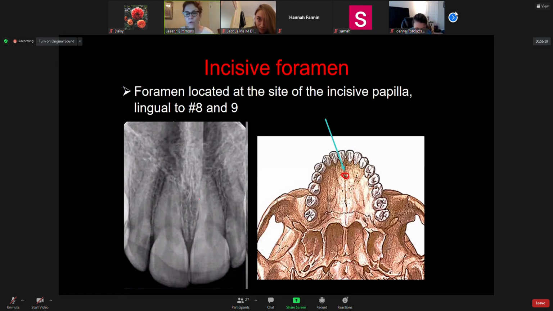It is also seen as this oval shadow on an X-ray, barely visible, but it's just that little bit of darkness right there. And that is your incisive foramen that you will see between the roots of the maxillary central incisor teeth. So that's a very important foramen.